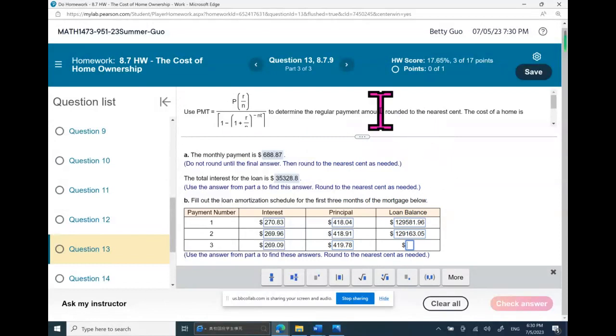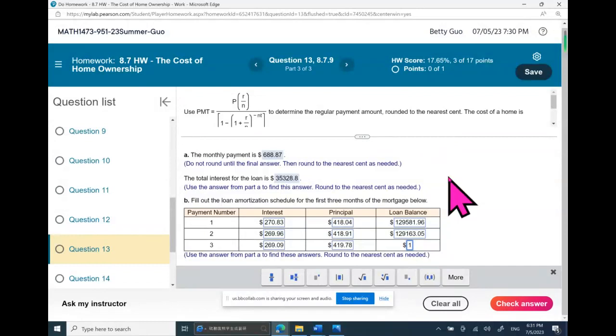Okay, so now how do we find the new loan balance? Because we are reducing the principal, the principal of the third month, 419.78, should be subtracted from the previous balance to get the new loan balance. So we use 129,163.05 minus 419.78, and we have 128,743.27.